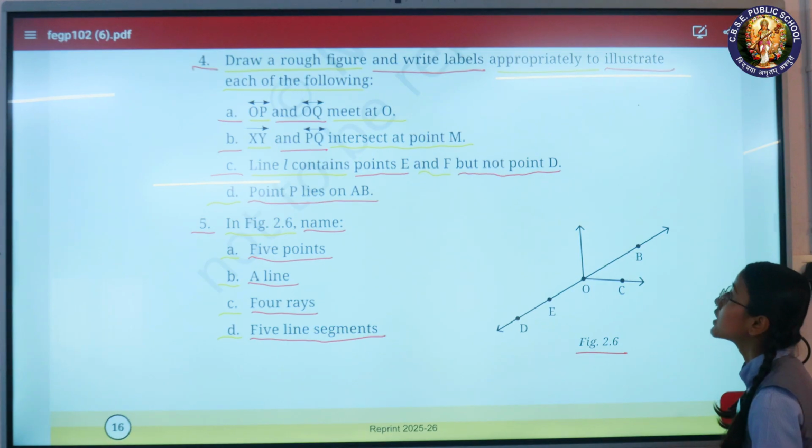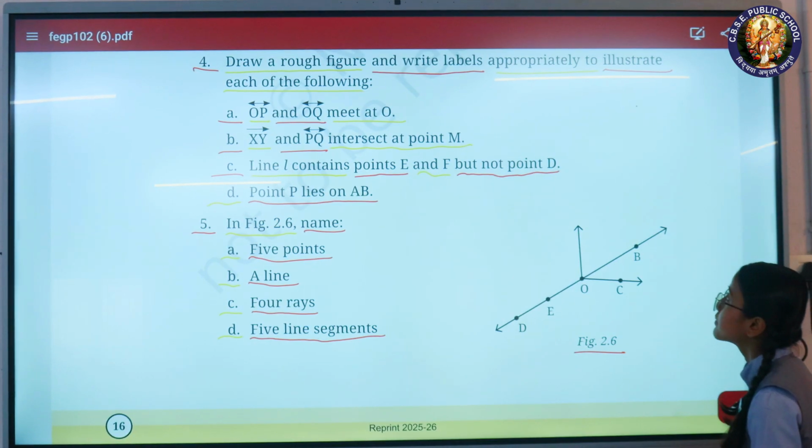4. Draw a rough figure and write labels appropriately to illustrate each of the following.